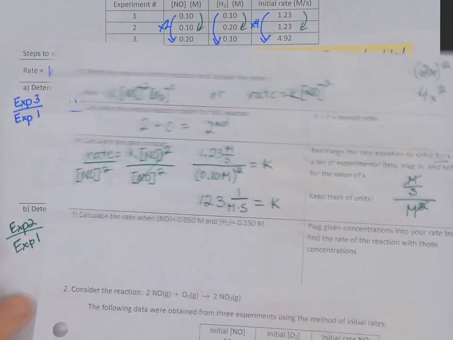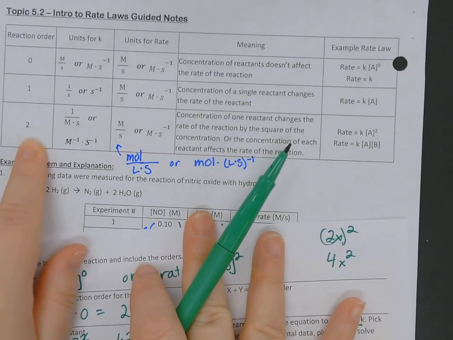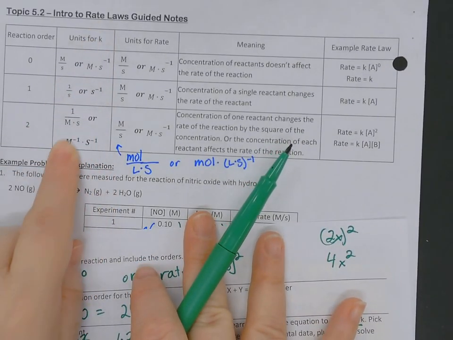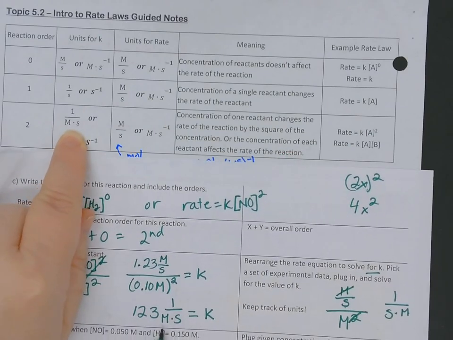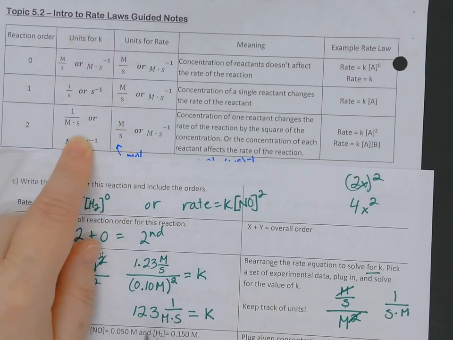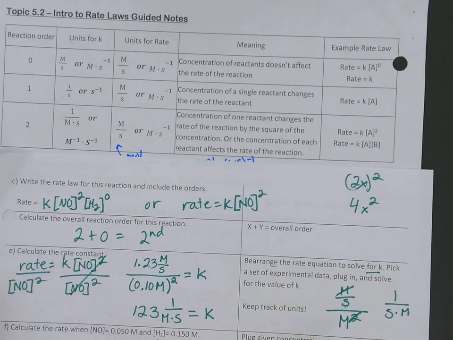If we go back to our units on the first page, second order overall, my units for my rate constant should be 1 over molarity times second. And I've shown that here and calculated that. If you want to take the time to memorize all this, go for it. Or you can just learn to calculate it and get your units. Okay. The calculations aren't super complex. It's just taking those steps to write everything out and be meticulous about it.